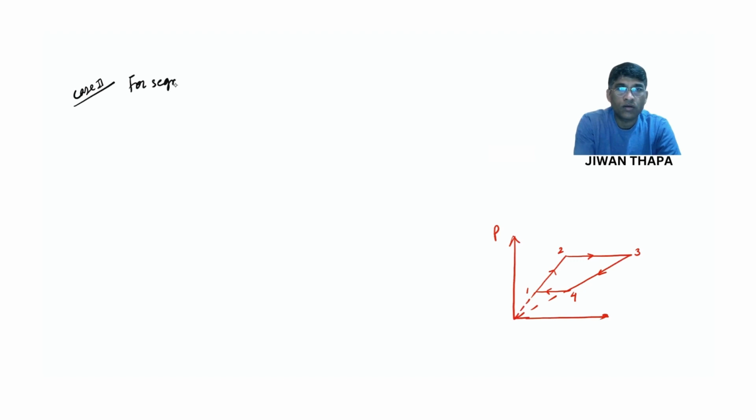Case 2: for segment 2, 3, we can see in this figure that pressure is constant. So I'm writing 2, 3, pressure is constant.